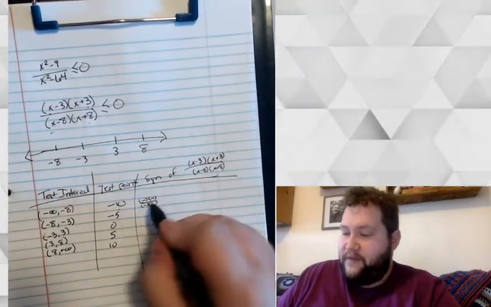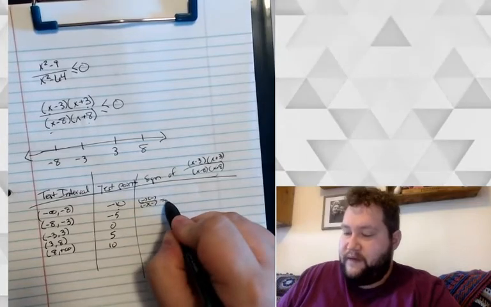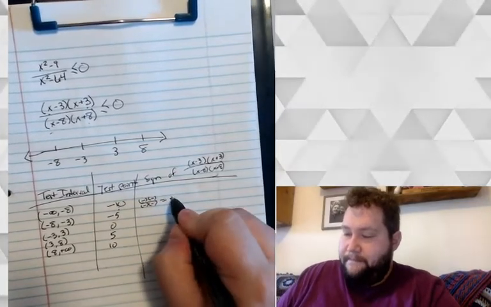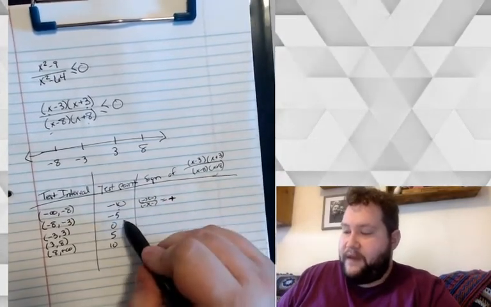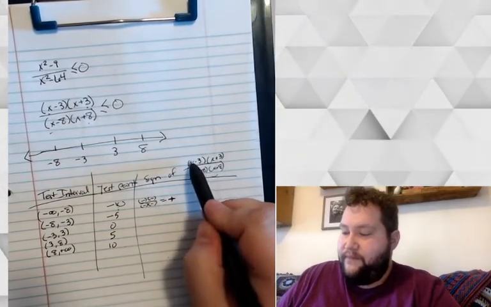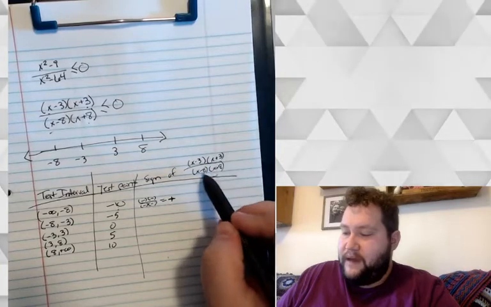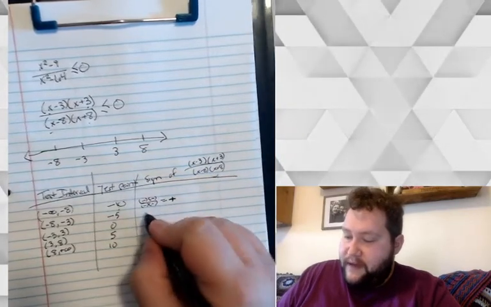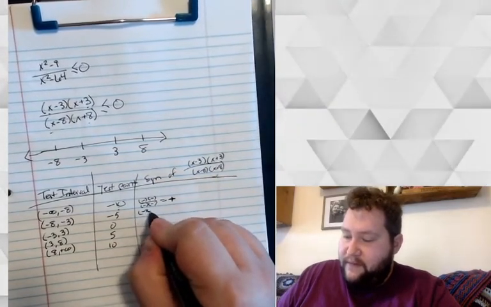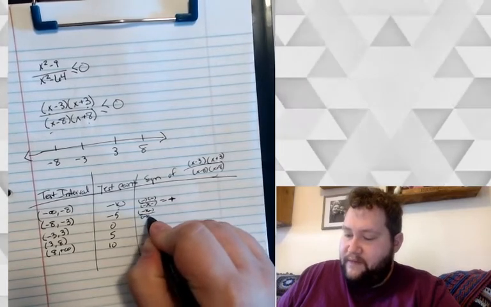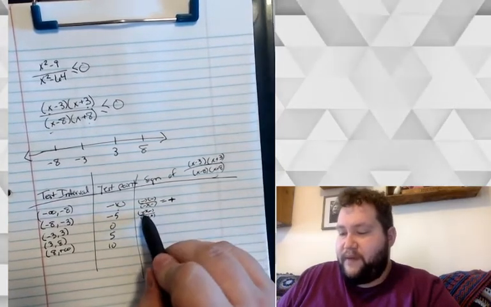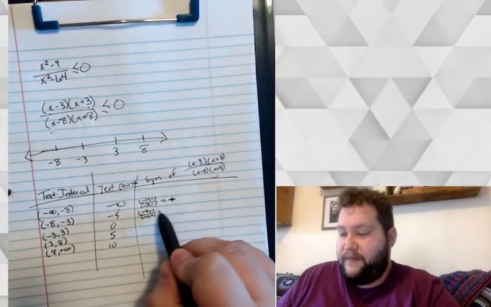So we have a positive over a positive, which is positive. At negative 5, we have negative, negative, negative, positive. So negative times negative is a positive, divided by a negative is negative.